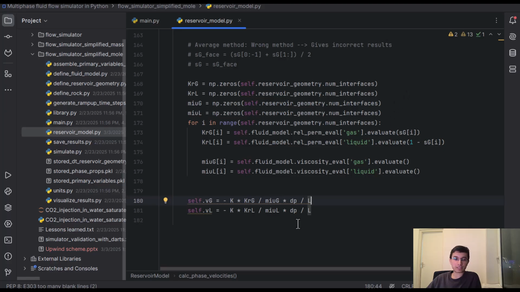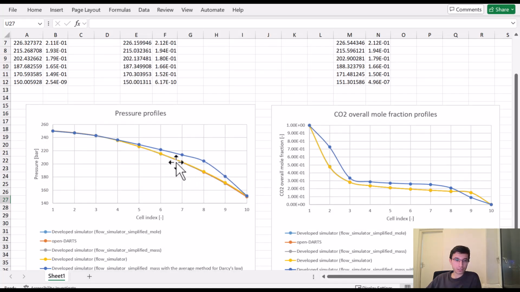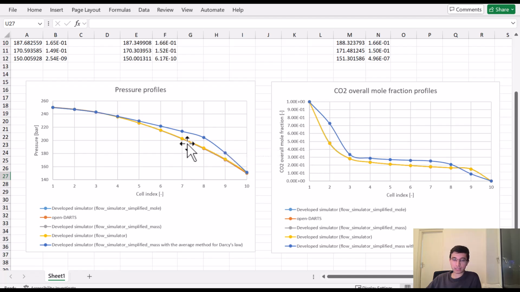Of course, about the implementation, let me just show you the comparison of when we apply the Upwind scheme and when we don't. This is actually what happens when we apply the Upwind scheme, and I have actually validated the results against open darts, and the results are, I could say, absolutely the same, such that you cannot see different data and the deviation at all.